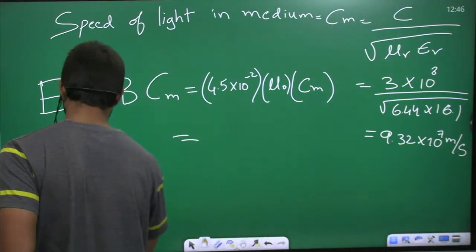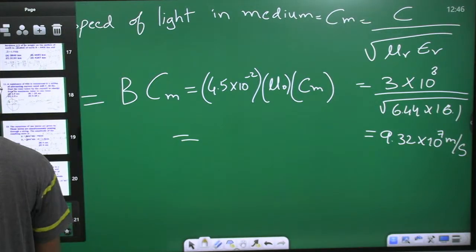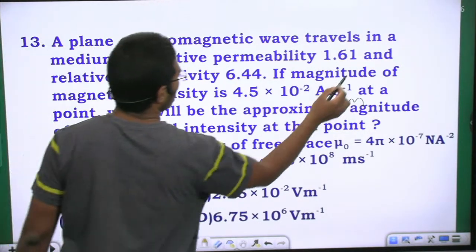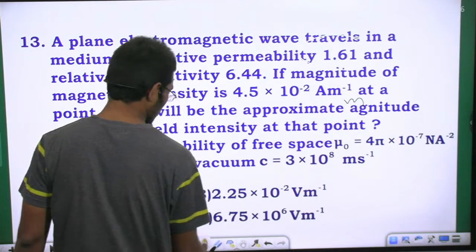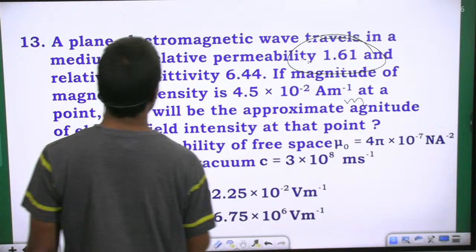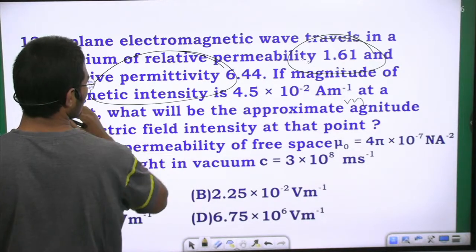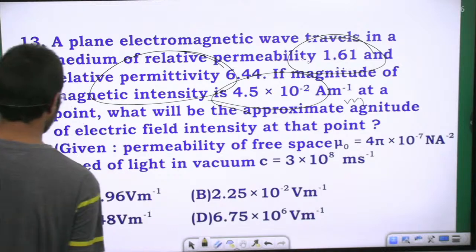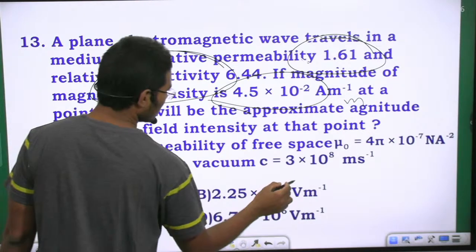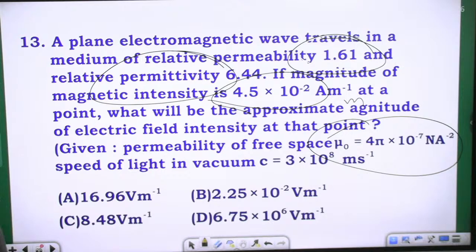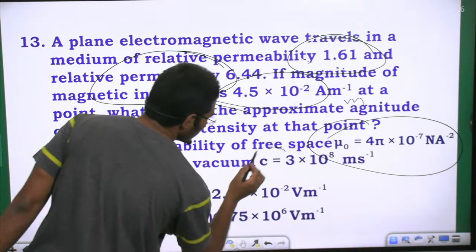Here permeability is given, permittivity is given, magnetic field intensity B is given, mu naught is given, and the speed of light is also given.